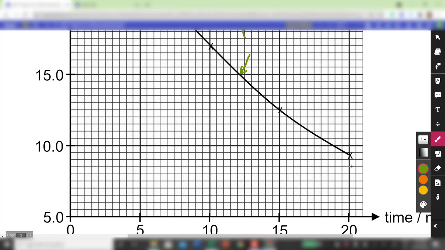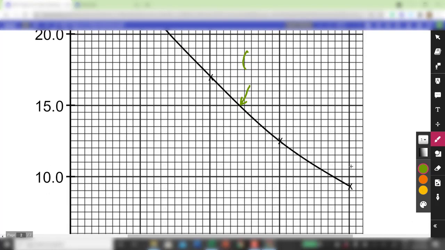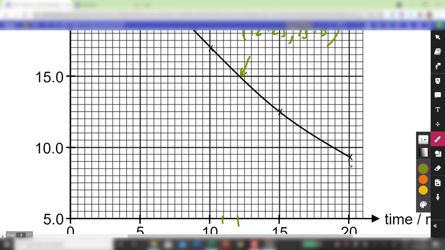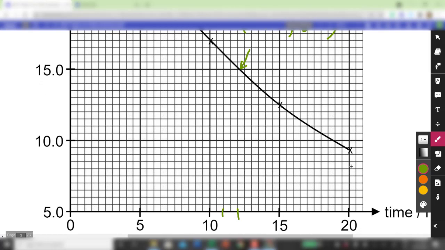If you look at the x-axis, that's about 11, 12, maybe around 12.25. So that's 12.25 for 15.0, thereabouts.